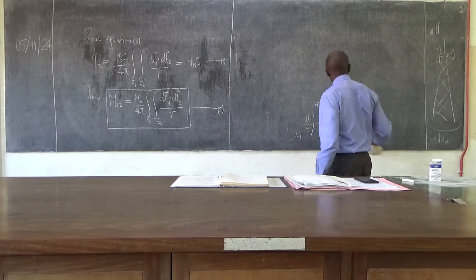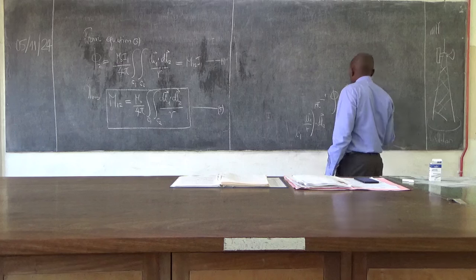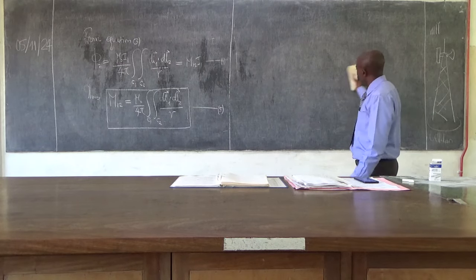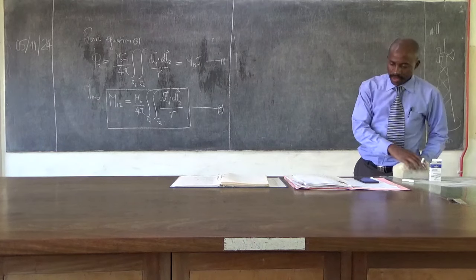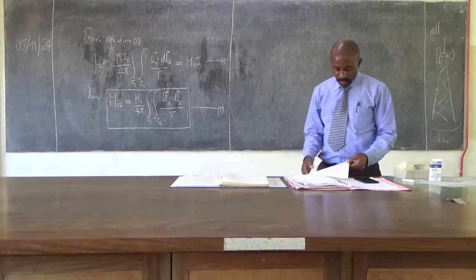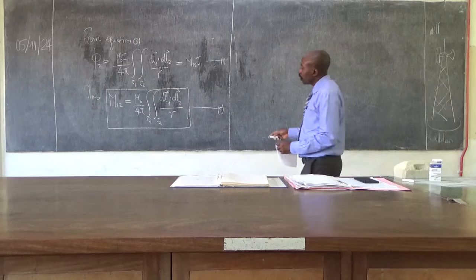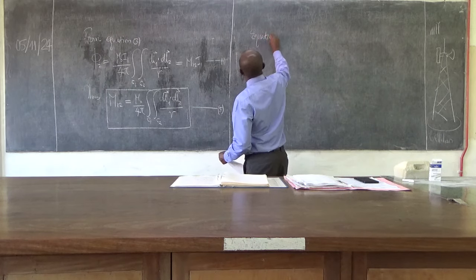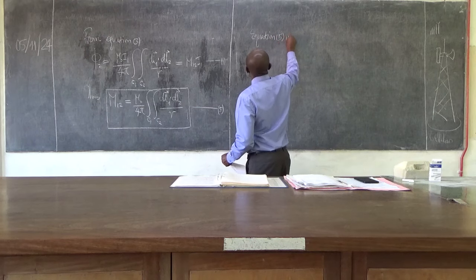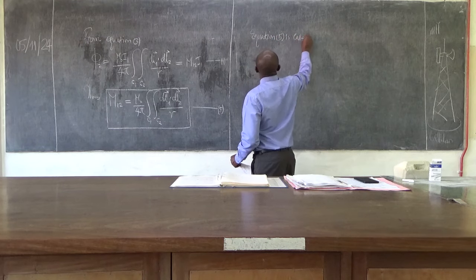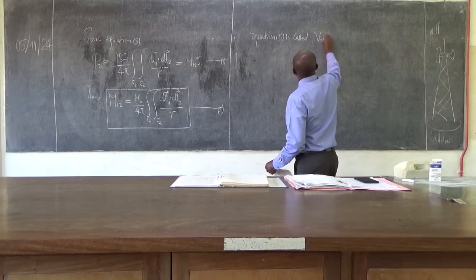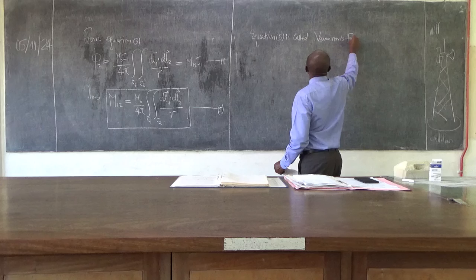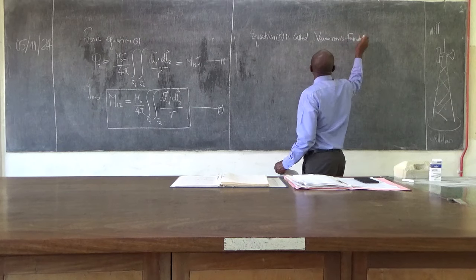So we draw the conclusion of what this means and say that equation 5 is called Neumann's formula.